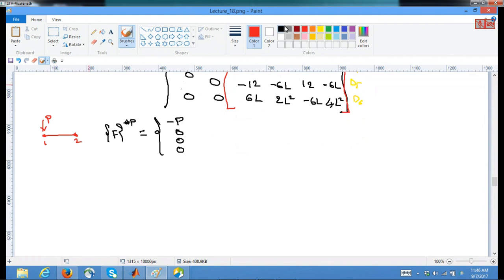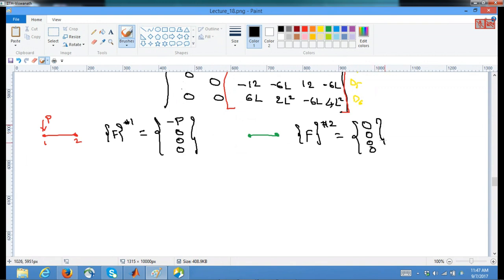Now what is the load on element 2? Element 2 was something like this. There were no loads on element 2, so all are zeros.